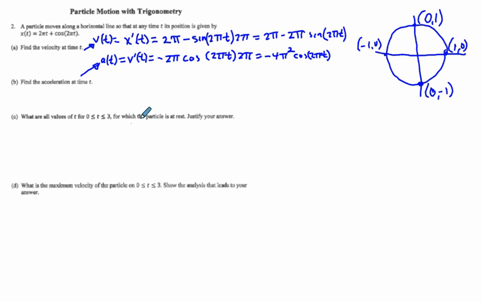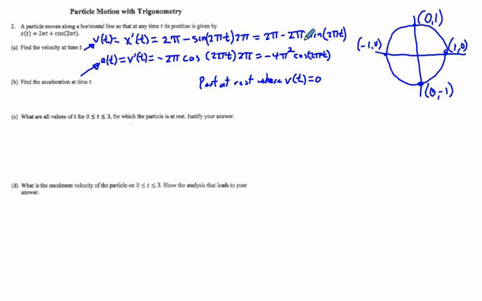What are all the values of t between 0 and 3 for which the particle is at rest? Justify your answer. Well, particle is at rest where v of t is equal to 0.